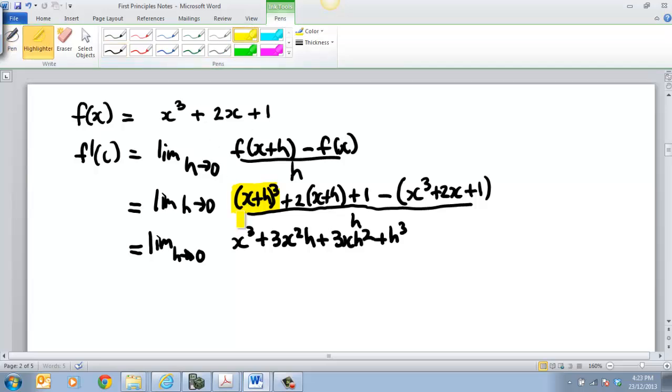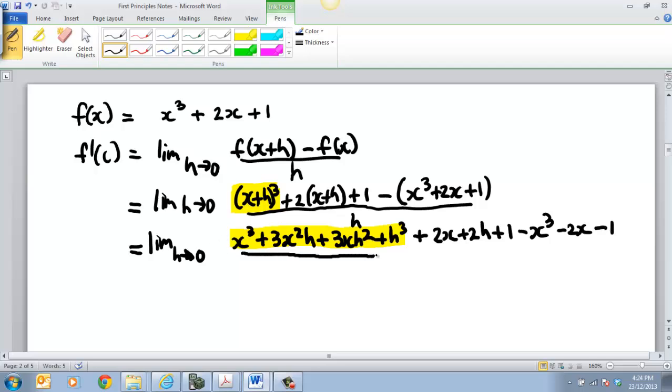I'll colour code it for you so you can see what I'm doing. The next term is going to be, just expanding that bracket, 2x plus 2h plus 1, and then I'm going to take the negative signs through the bracket. That will give me negative x cubed, negative 2x. That's why it's really important to put the bracket there, otherwise you'll lose the negative, and then take 1.